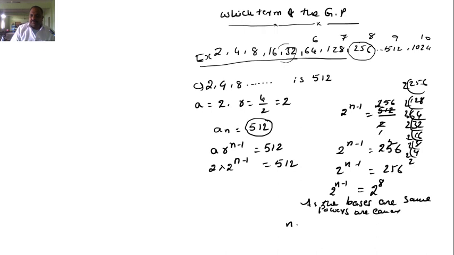So n minus 1 is equal to 8. Bases same, so powers are equal. n is equal to 8 plus 1, transposing, n is equal to 9. Already we saw 512 is the ninth term. This is the example and this one is the question.